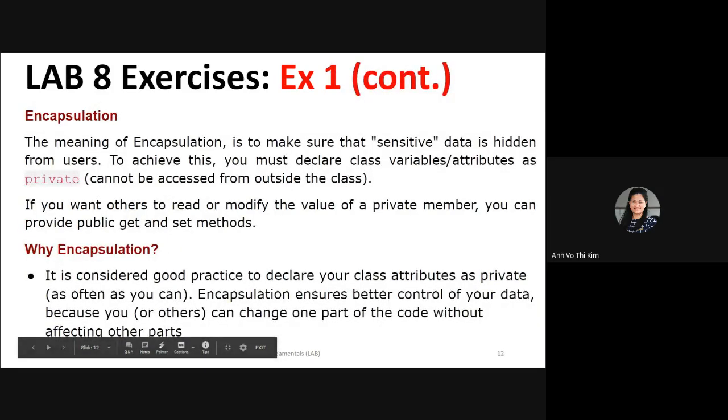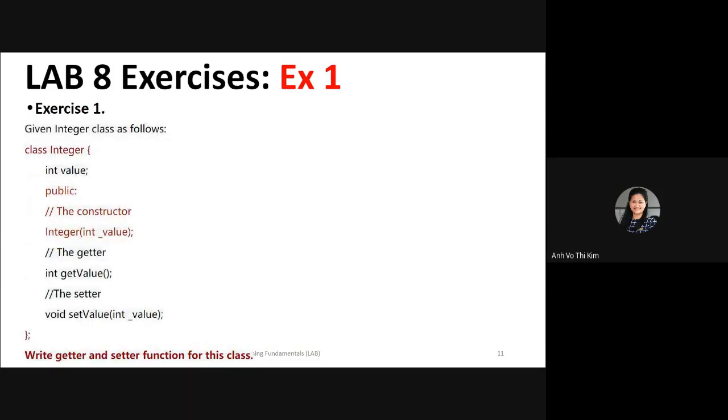This is quite simple. You just define the getter and the setter. The getter returns a value, and the setter sets the value for the value parameter of Integers. So with the set int value, we assign this value to the value member of the Integers class.